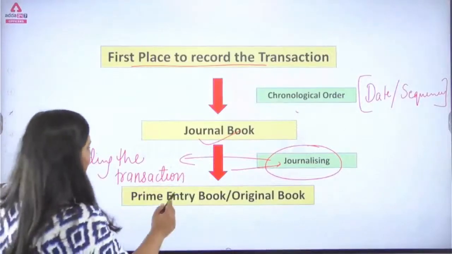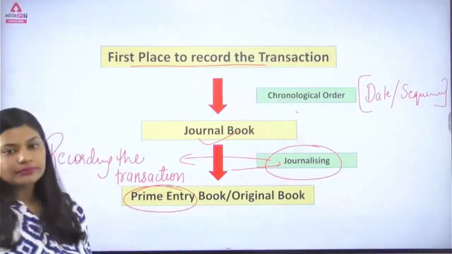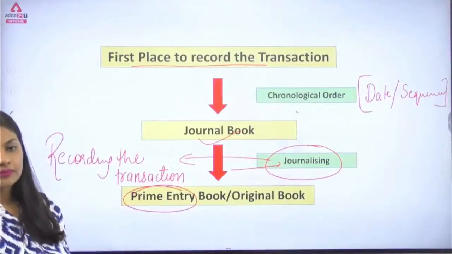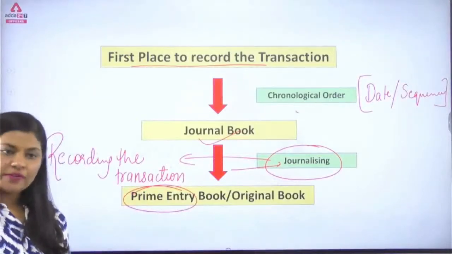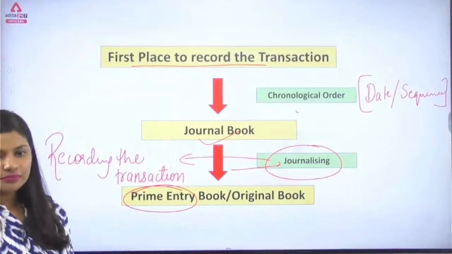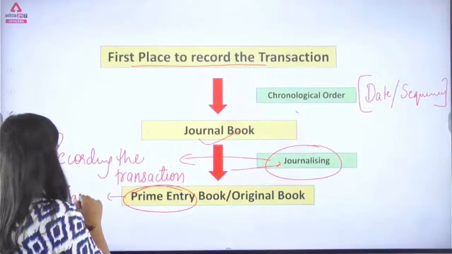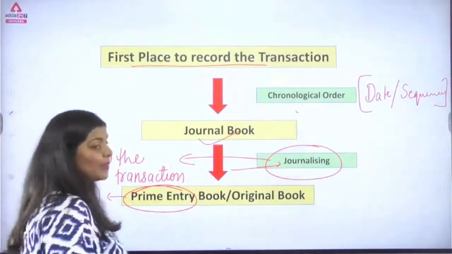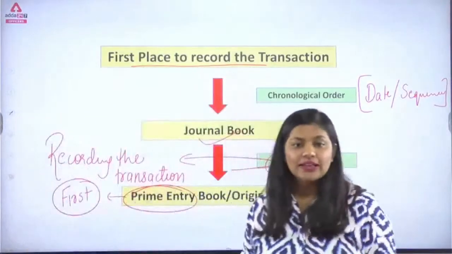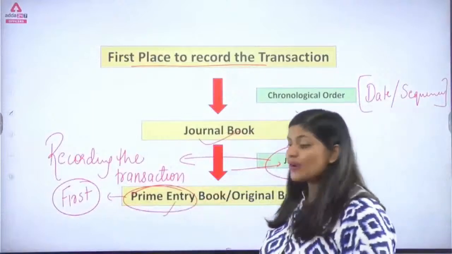Correct? What do you mean by prime? First, very good. So prime means the first time you're entering the entry. Primary and secondary. First and second. So can I call this book also the primary book?